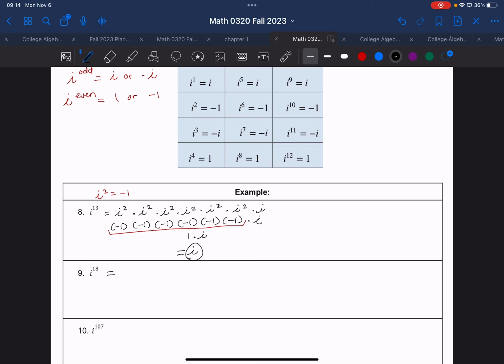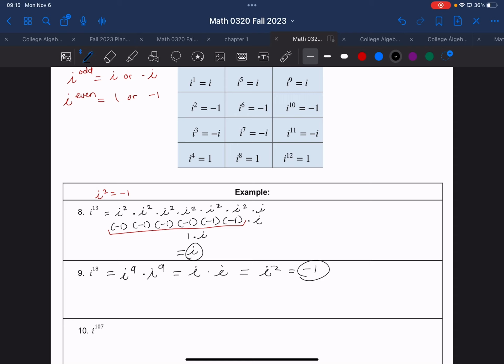Good. i to the 9th times i to the 9th. And looking at our chart, what's i to the 9th? i. So i times i gives us i squared, which is negative 1. Which makes sense because we said i to an even number is either 1 or negative 1.